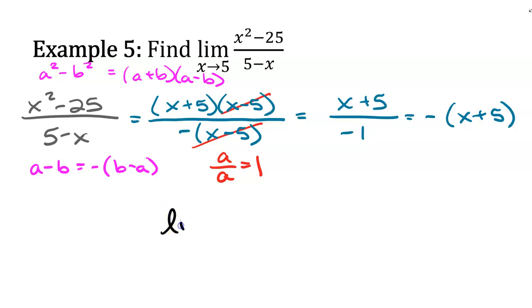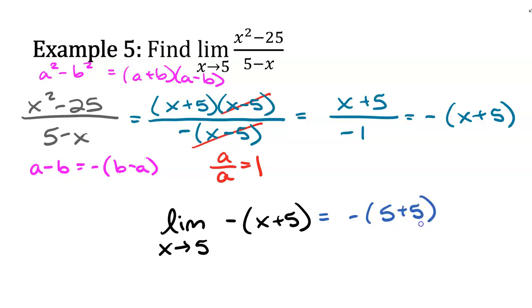So the limit, as x approaches 5, of negative x plus 5 will give us, using our simple substitution, negative 5 plus 5 of -10. This is what the squeeze theorem does. It takes something that we cannot work with and it wiggles it around just a little bit to make it so that we can work with it.